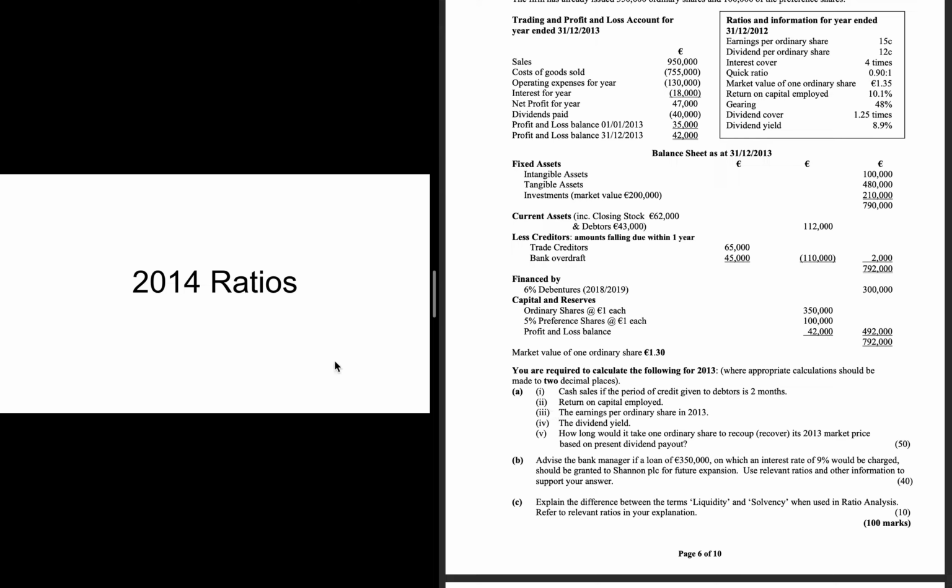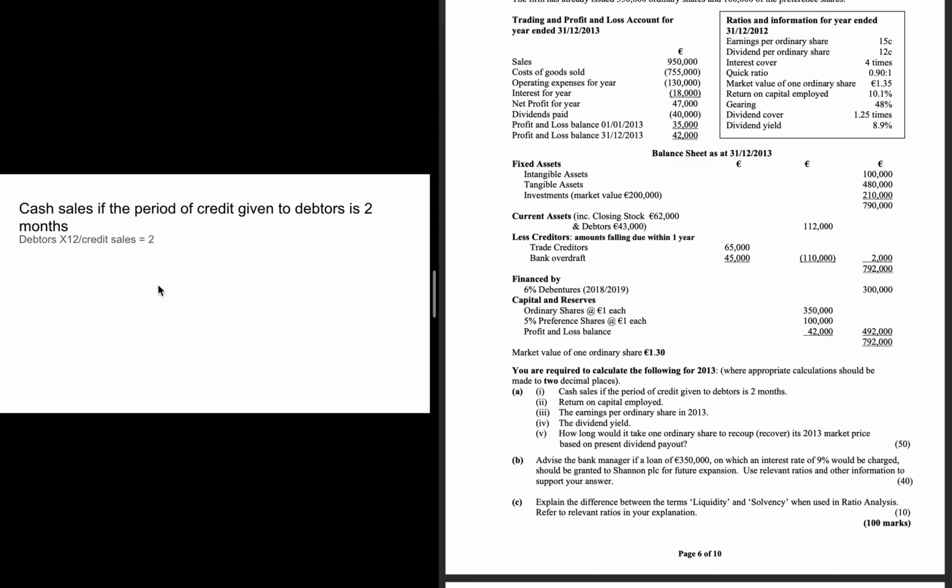So usual thing, we'll do our 5 ratios. The first one is to work out the cash sales if the period of credit given is 2. So period of credit given to debtors is debtors over credit sales. That's the formula. So debtors by 12 over credit sales equals 2. You can flute around with this, but 2 times credit sales is going to be equal to debtors by 12.